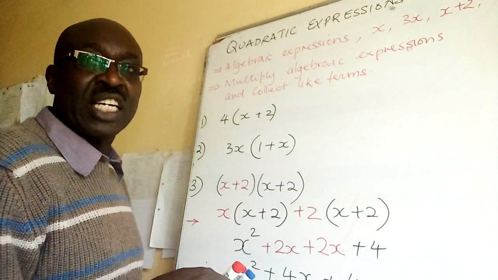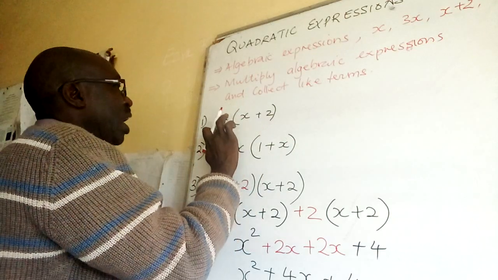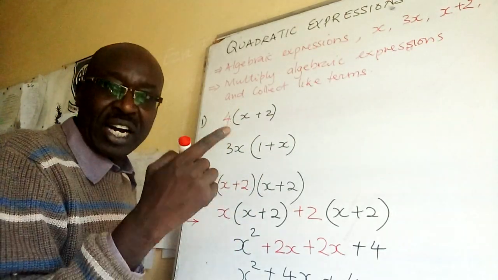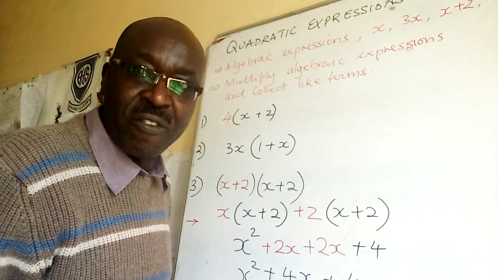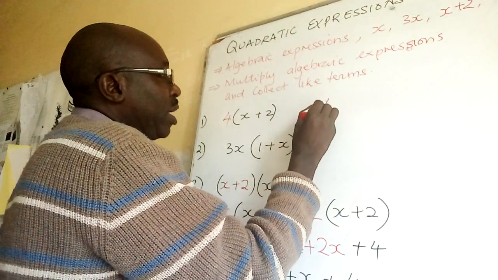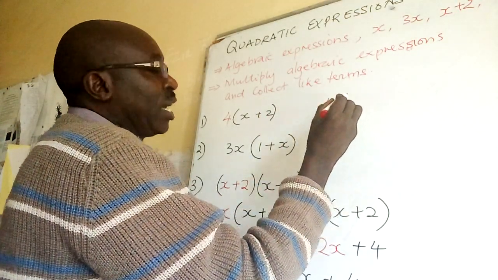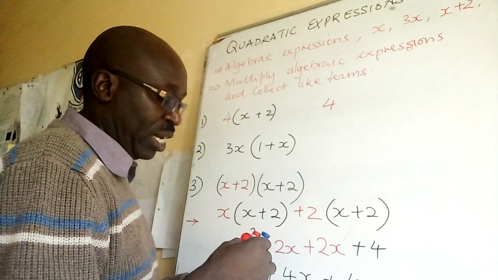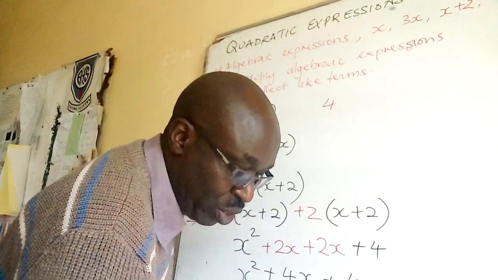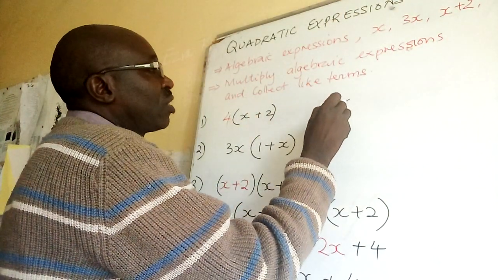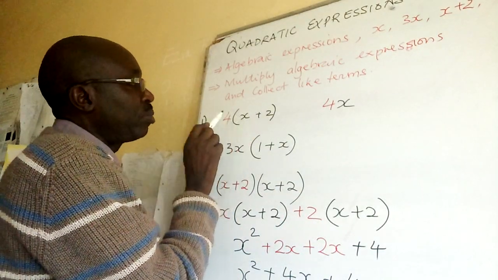So let me just color my work. The factor outside the bracket is 4. So it must multiply everything inside the bracket. That is 4x, so what I've done is 4 times x.